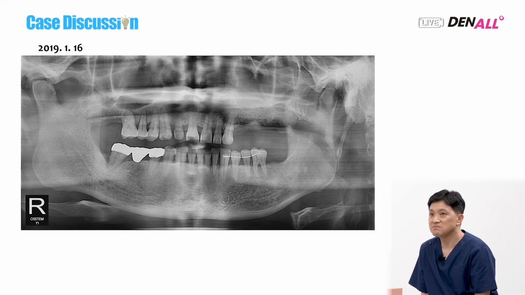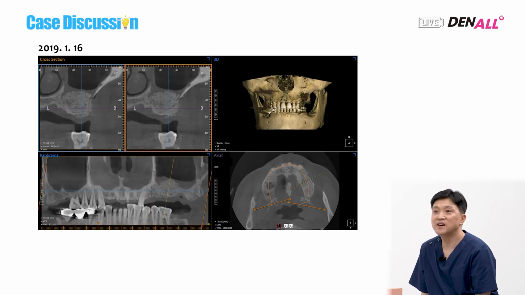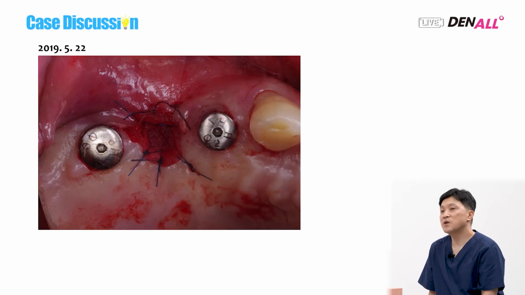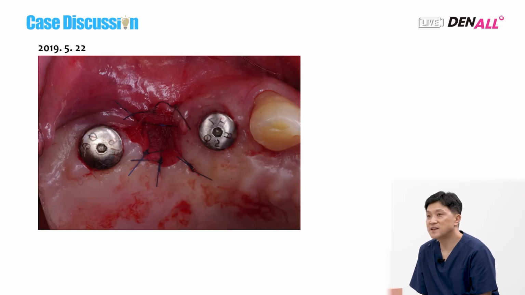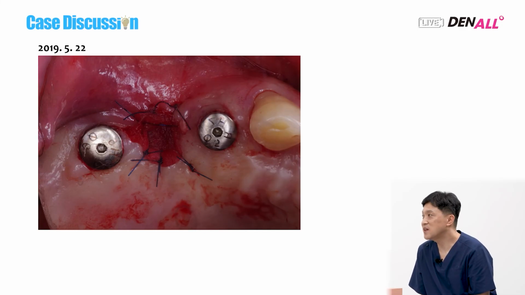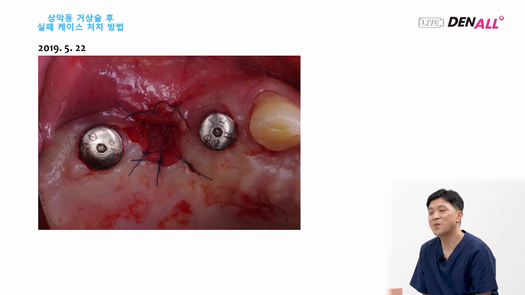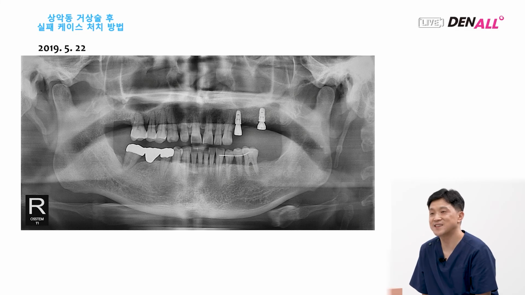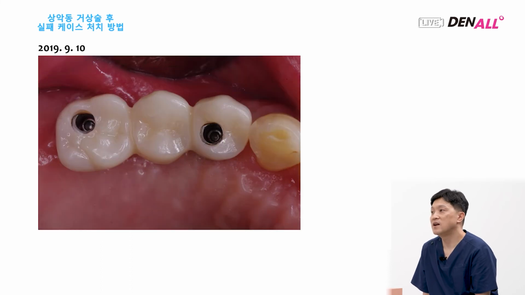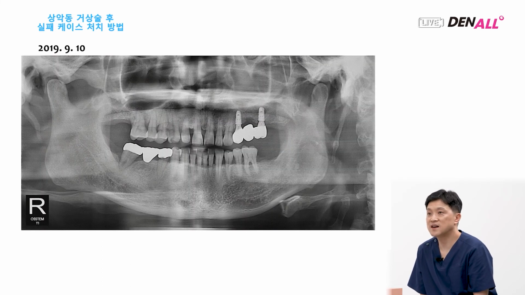After that, 2 months post-op, 4 months post-op, implants were placed at 4 and 6. The middle implant, we planned 3 implants, but the middle one was removed because of poor initial stability. 2 months after, September, post-op 5 months, prosthesis delivered.